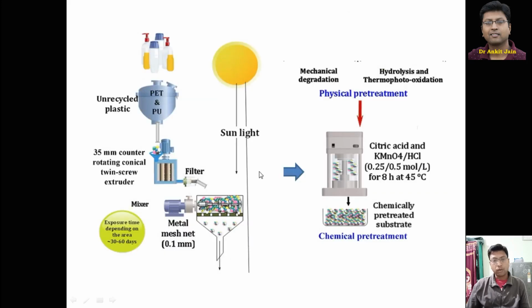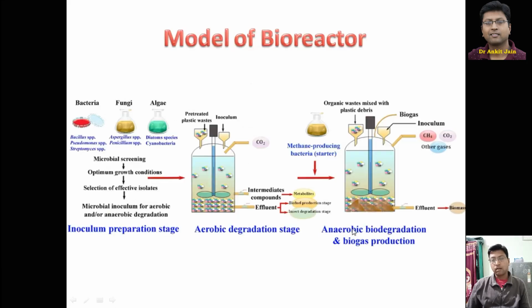And this is the concept of a bioreactor, in which the plastic is first degraded, chewed, and converted into microplastic. This microplastic will go through chemical treatment with citric acid, potassium permanganate, and HCl, and finally this chemically treated solution will reach inside this biogas chamber.